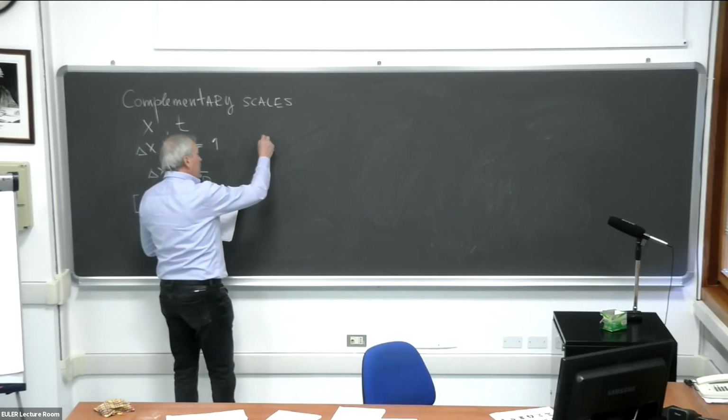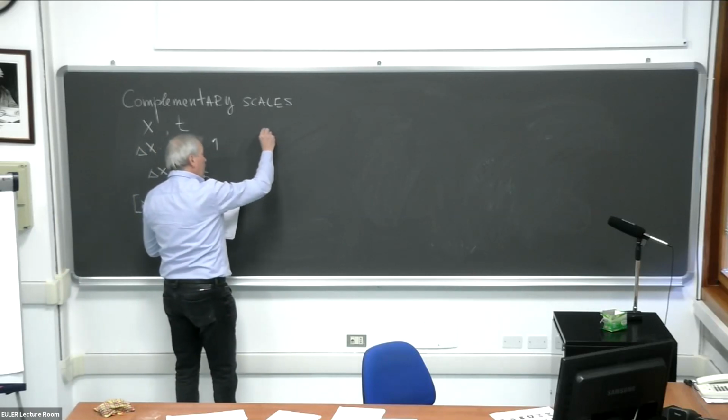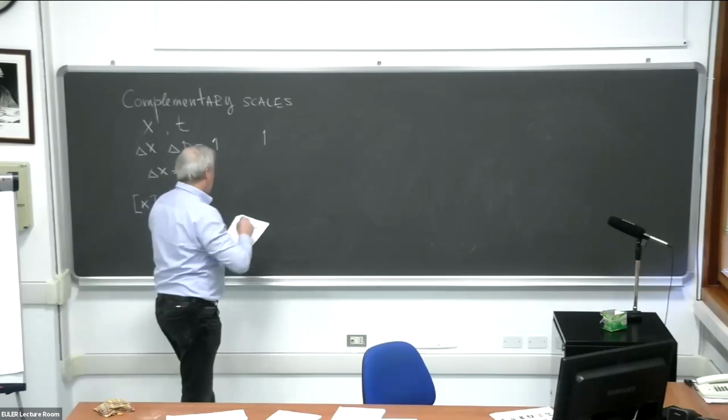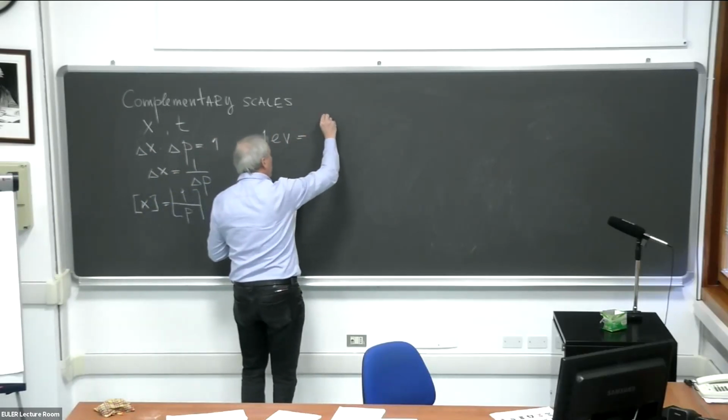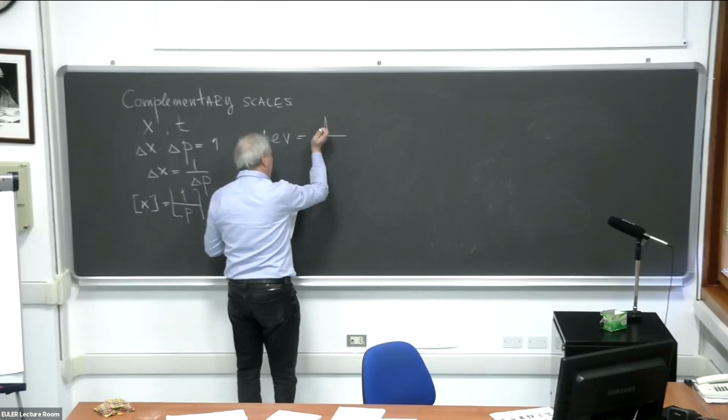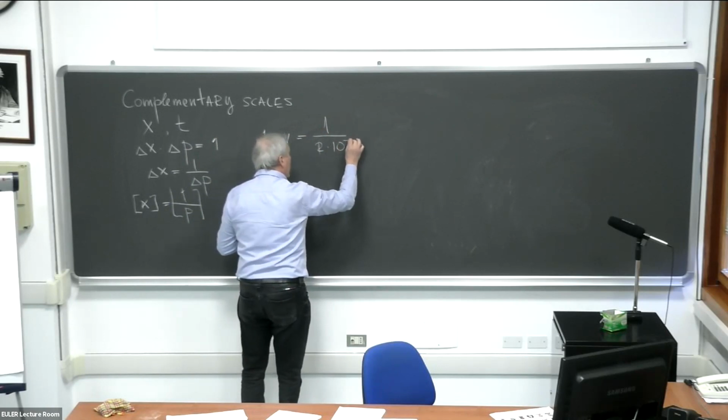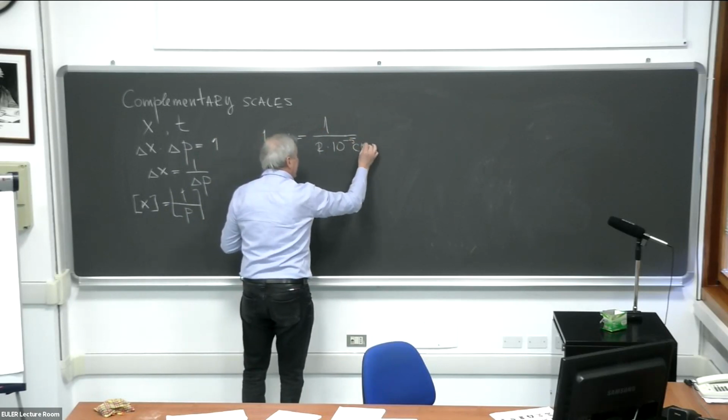So another relation which will be useful for you for solving the problems is that 1 electron volt equals 1 over 2 × 10⁻⁵ centimeters.